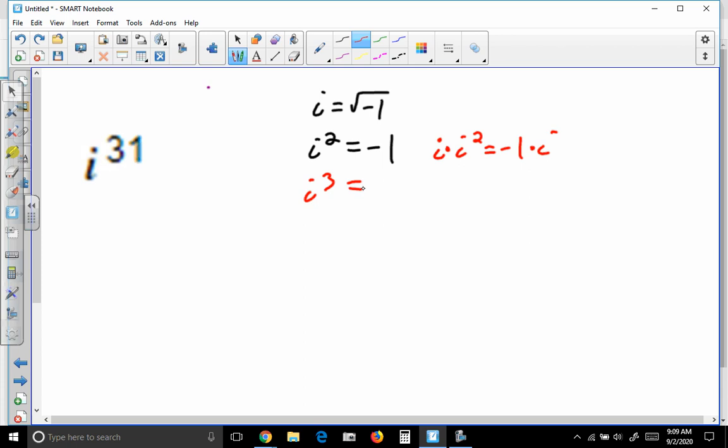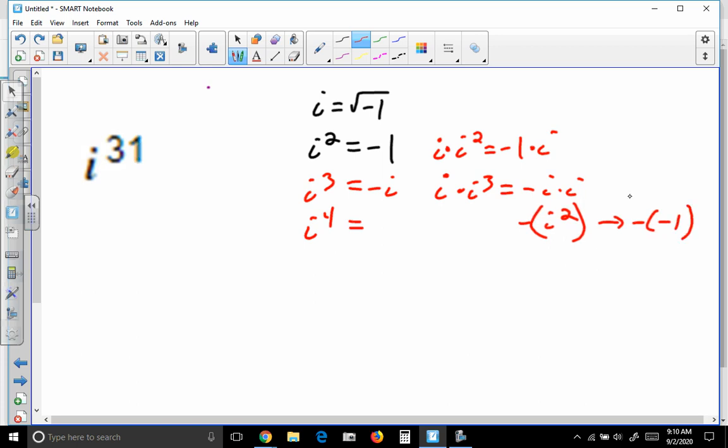So i cubed is negative 1 times i, or minus i. If we wanted i to the fourth, we would need to multiply that times another i. i times i is i to the second, and then we put a negative out front. Well, i to the second is negative 1. Minus a negative makes a positive.